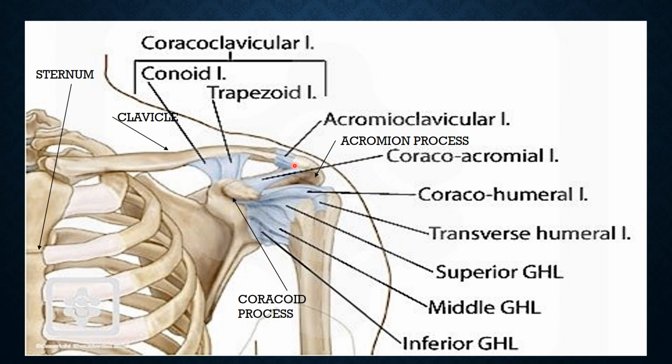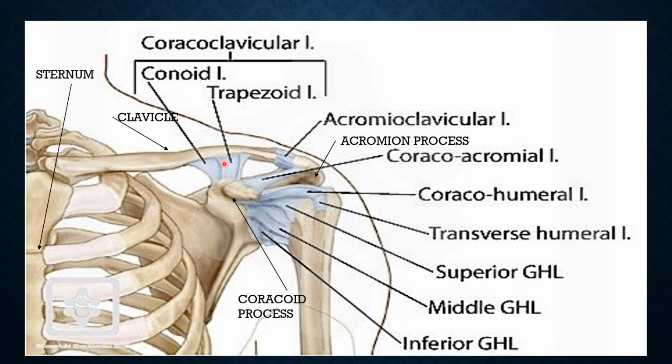Okay. Then we have coracoclavicular ligament and acromioclavicular ligament. Coracoclavicular ligament is further of two types: conoid ligament and trapezoid ligament, and then thirdly, acromioclavicular ligament. So, as the name suggests, from coracoid process to the clavicle, from the acromion process to the clavicle.